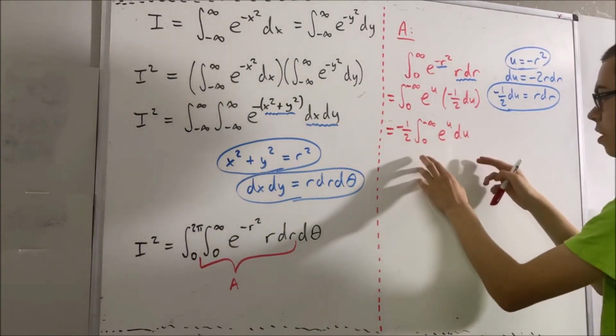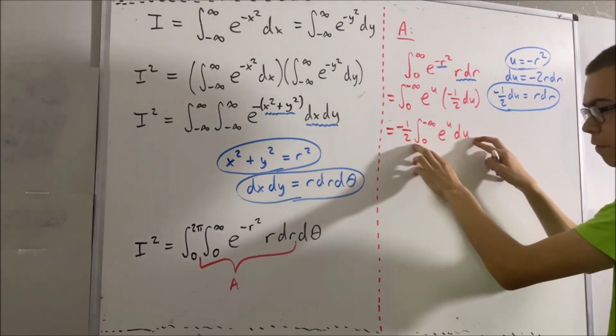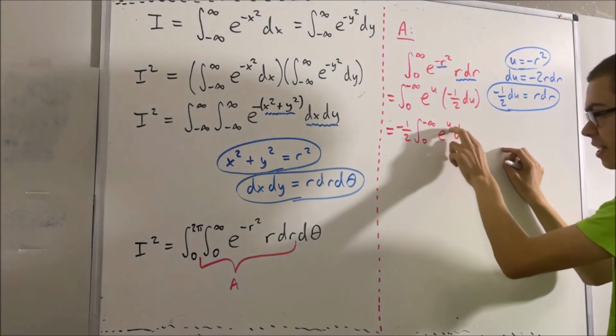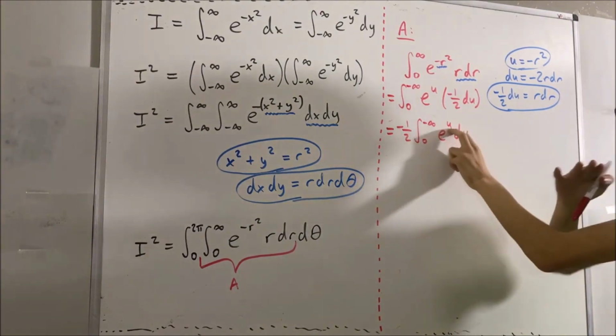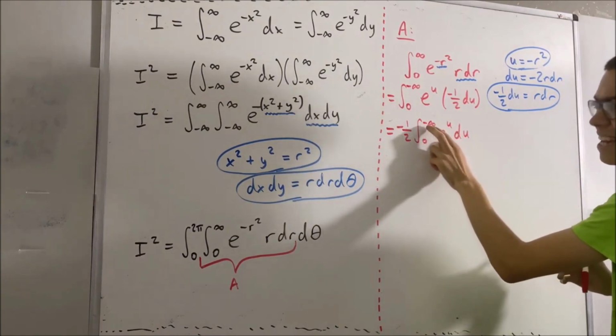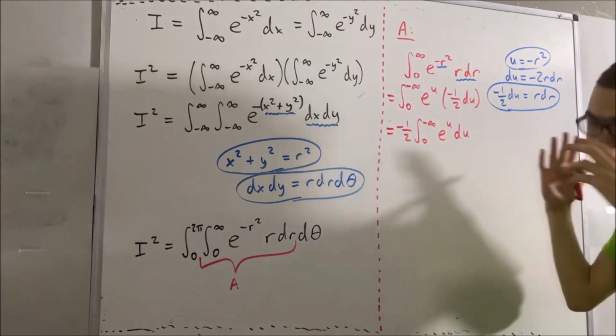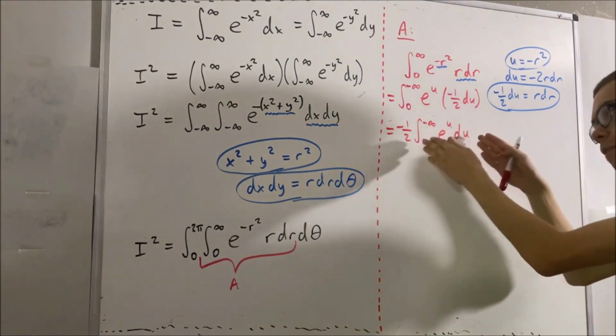And at this point, evaluating an integral like this one is pretty straightforward. We all know that the antiderivative of e to the u is e to the u. But before we do that, notice that one of our bounds is negative infinity. Whenever one of our bounds is at an infinity, we like to impose a limit on this.